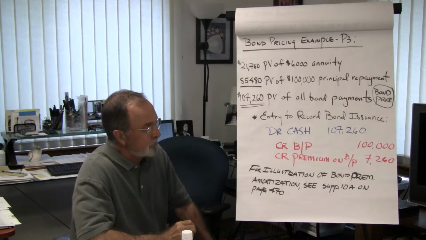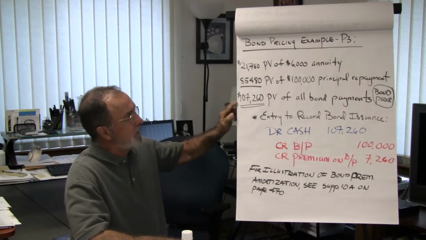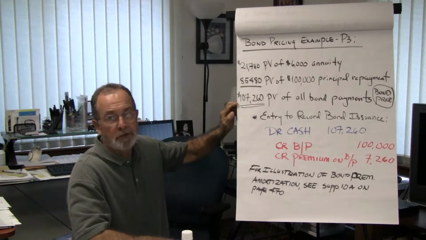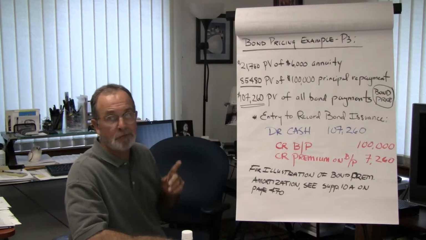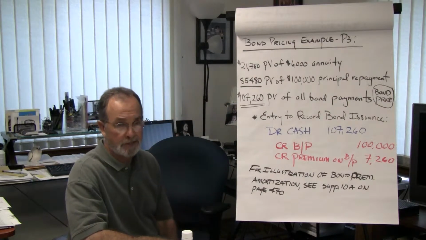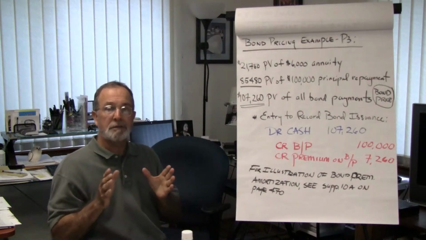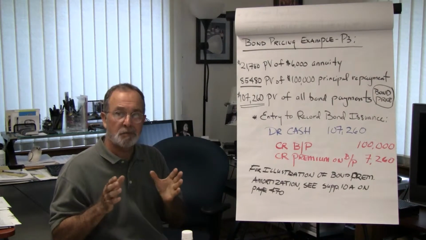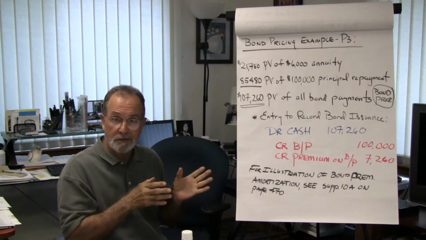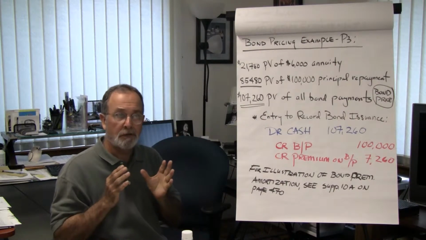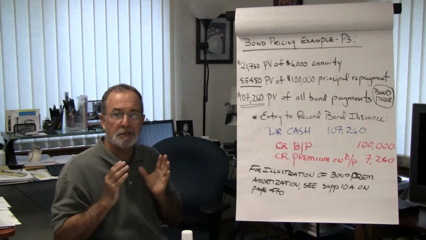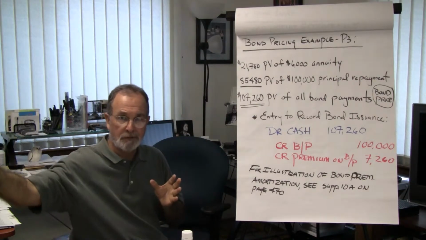Now, how do we end up with a premium? How do we end up collecting $7,000 more than we have to repay? Well, if we go back to the facts of the example, our bonds pay 6%, and in this first part of the example, the market rate is assumed to be 4%.